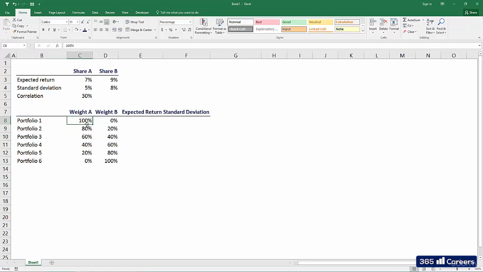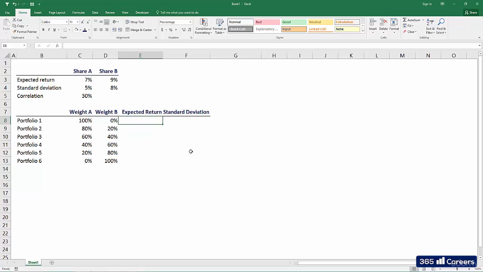The first portfolio will contain 100% of stock A and 0% of stock B. The second portfolio will contain 80% of stock A and 20% of stock B, while the third portfolio will be made of 60% of stock A and 40% of stock B. The fourth portfolio, 40% of stock A and 60% of stock B. The fifth portfolio, 20% stock A and 80% stock B. And the last portfolio will contain only stock B.